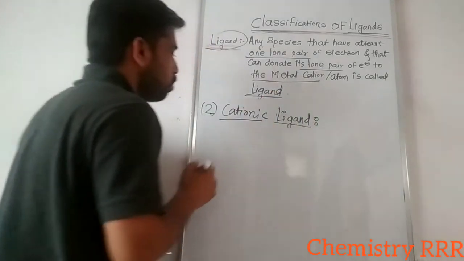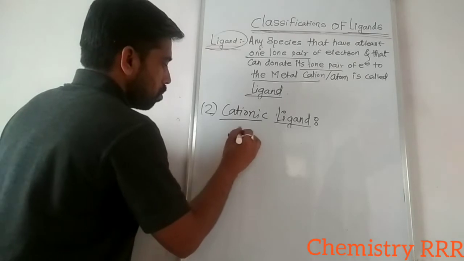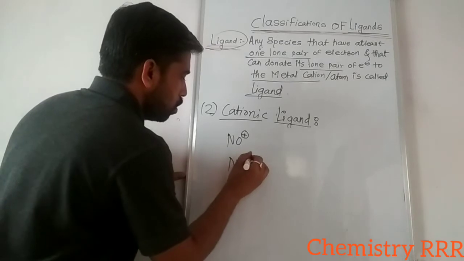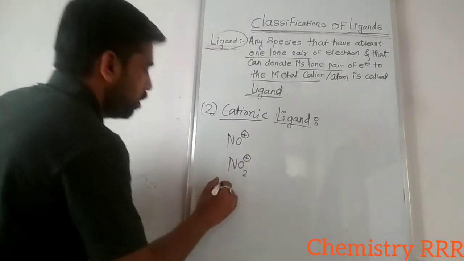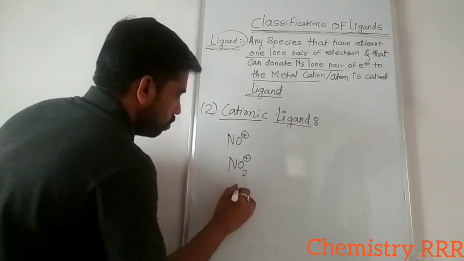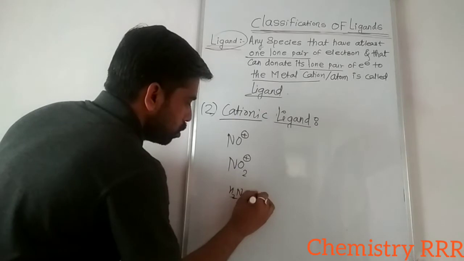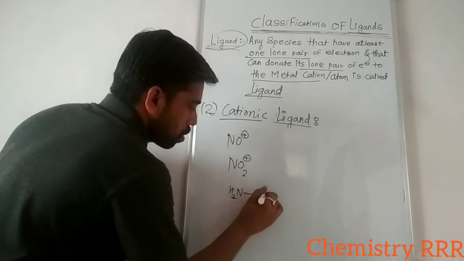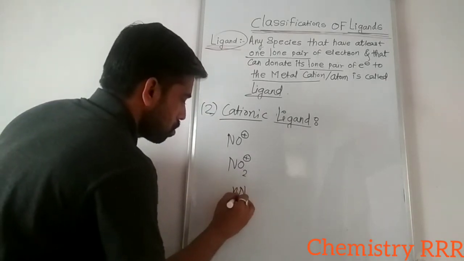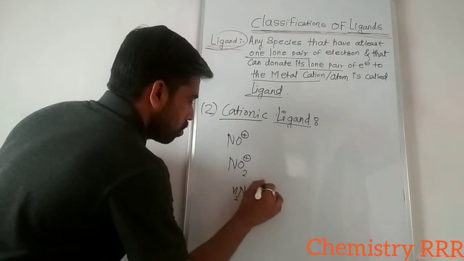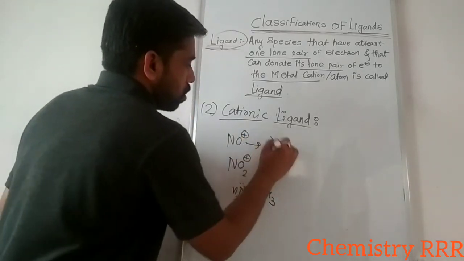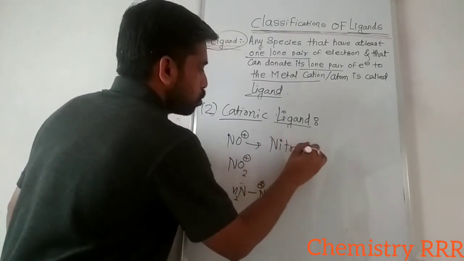For example, NO positive, NO2 positive, and then NH2, sorry, positive. This is the wrong side. Okay, this is the nitrosonium ligand.